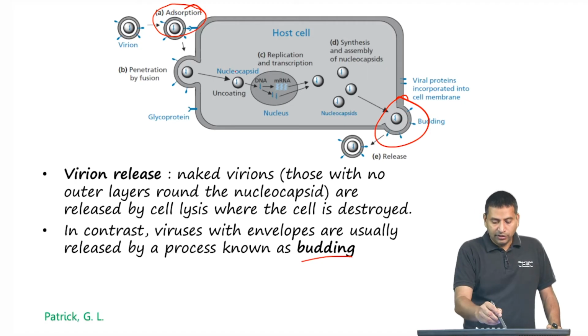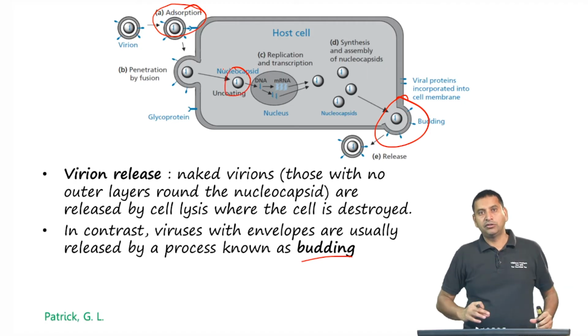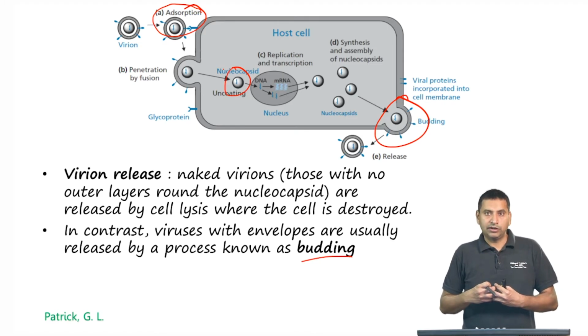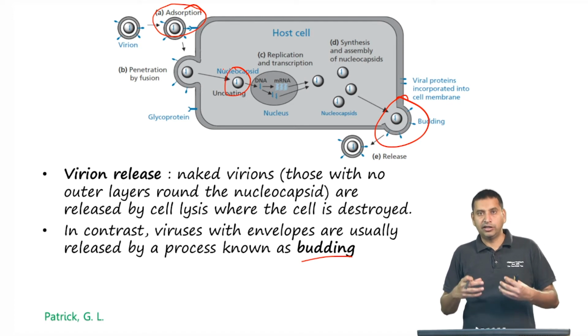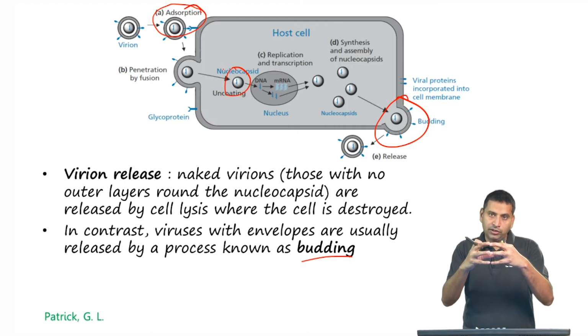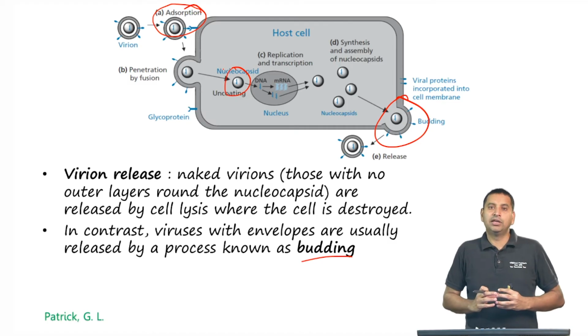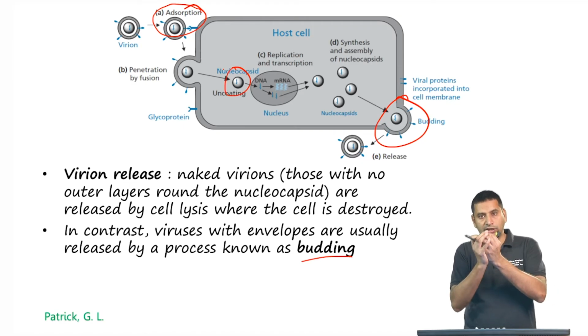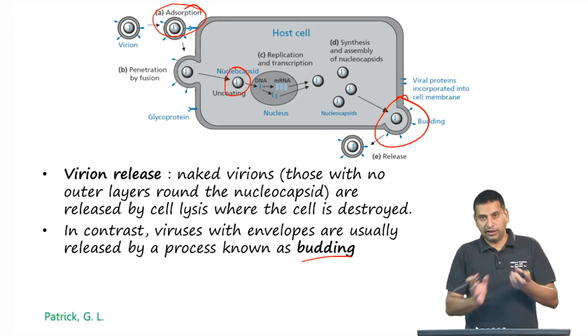Once it gets in, there is an uncoating that happens, and then it incorporates into the host nucleic acid machinery, and then there is replication and transcription. This replication and transcription results in the generation of multiple copies of the virion, which is now coated by a nucleocapsid, and then by the process of budding, it is released. And in this process, the host cell is lysed, and therefore the host is dead.